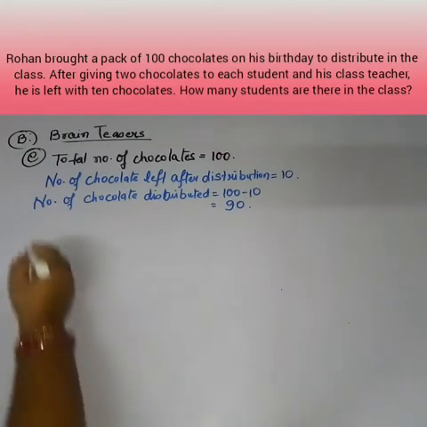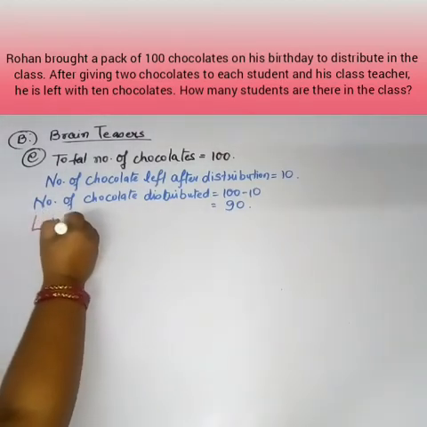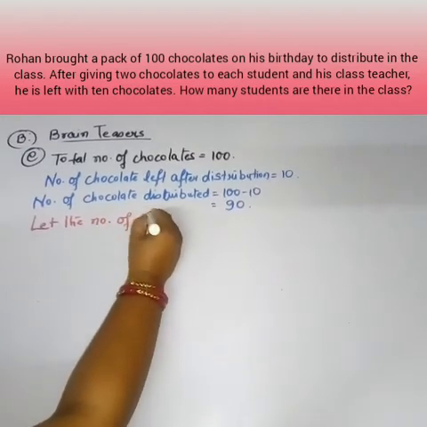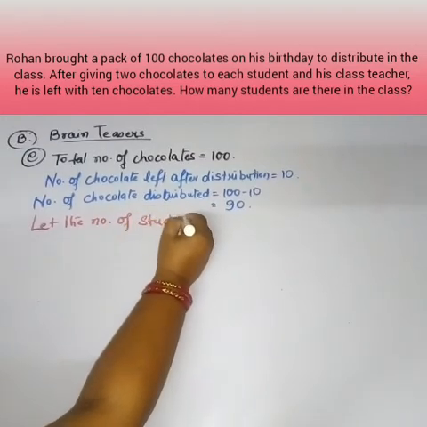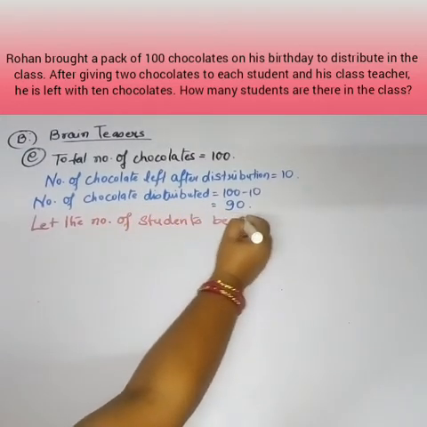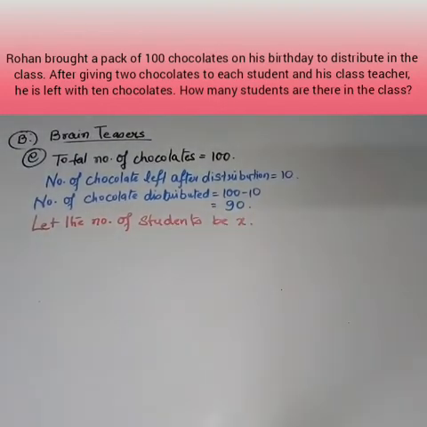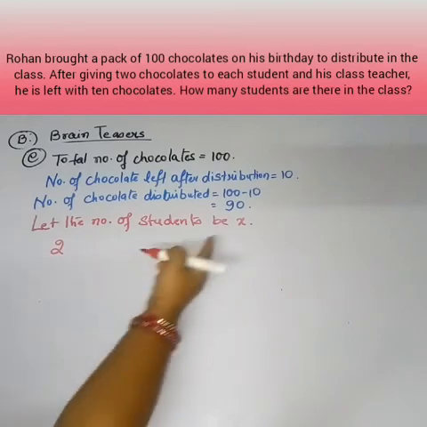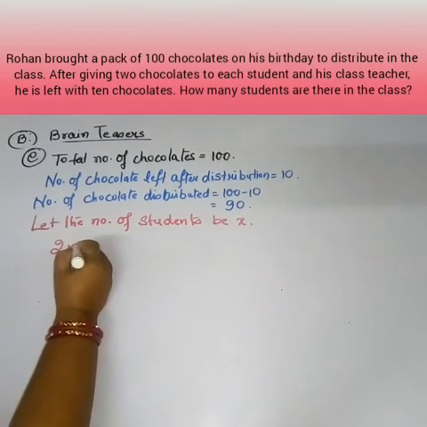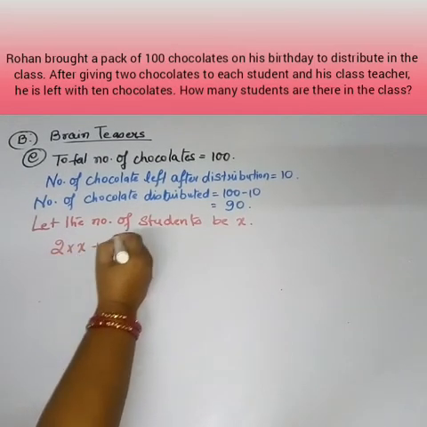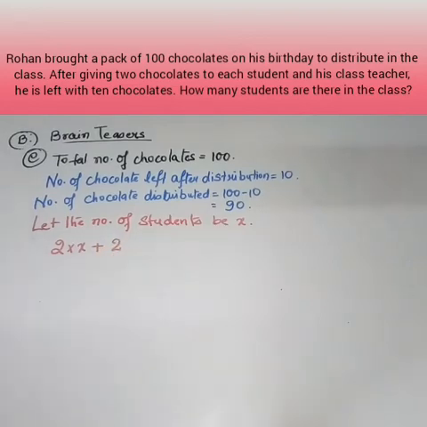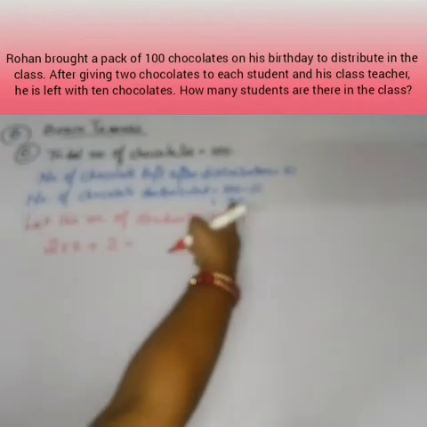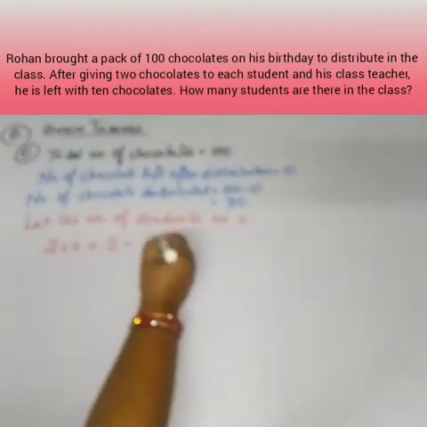So we'll take here, let the number of students be x. Now he has distributed 2 chocolates to each student, that means 2 into x, and he has given 2 to his class teacher also, and in total he has distributed 90 chocolates.